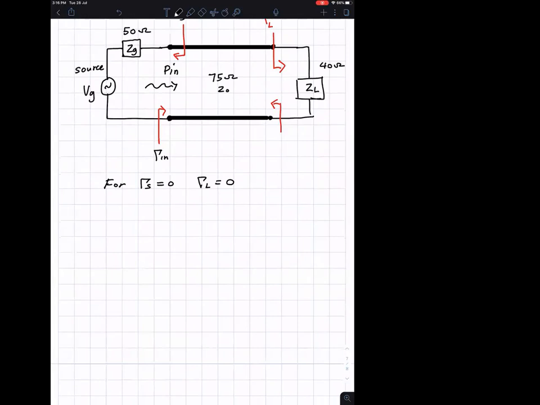For a lossless line, the available power is one-eighth of the magnitude of VG divided by Z0, which is the characteristic impedance of the line.